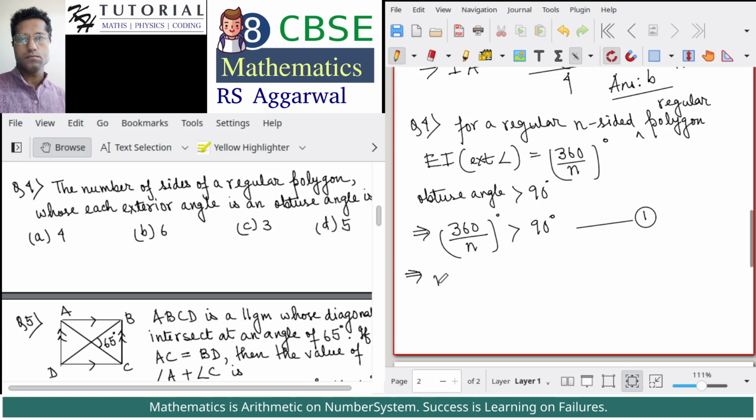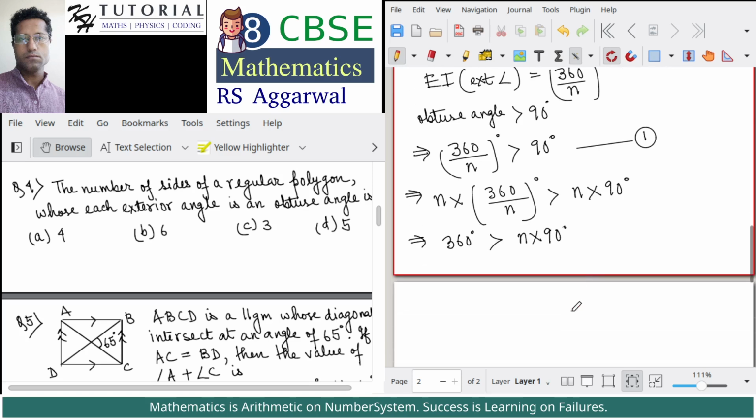So I can rewrite the inequality like this: n multiplied by 360 by n should be greater than n multiplied by 90 degree. On the left hand side n will get cancelled, so we must have 360 degree greater than n multiplied by 90 degree.